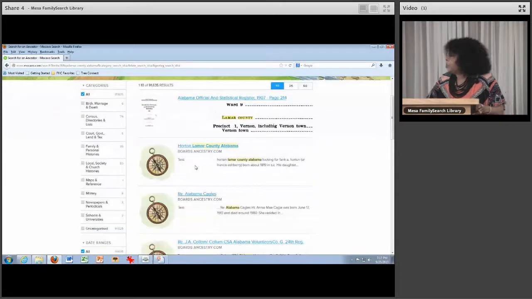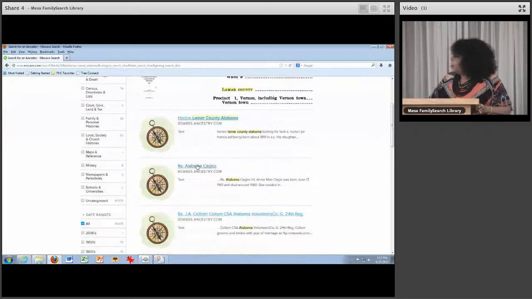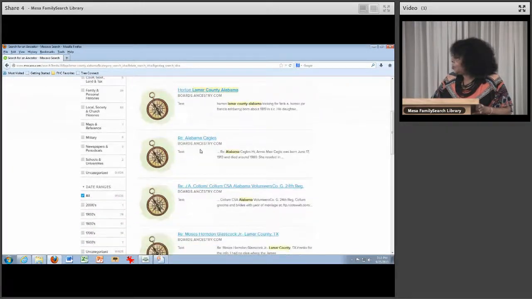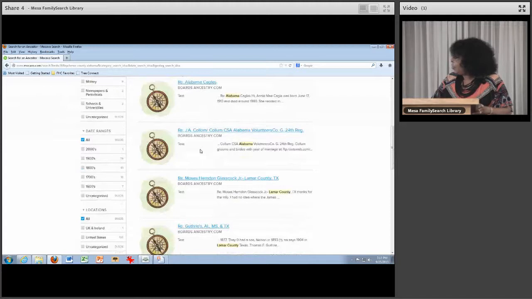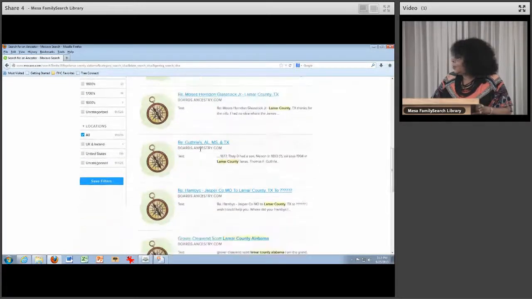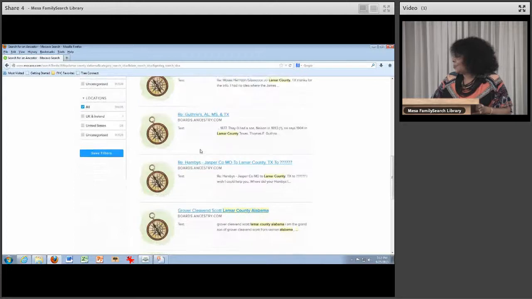And here's what you come up with. Precinct 1 is Vernon, which is kind of like the county seat. That's where the county courthouse is. You have ancestry boards where people are sharing information. There's some for Lamar County, Texas, too.